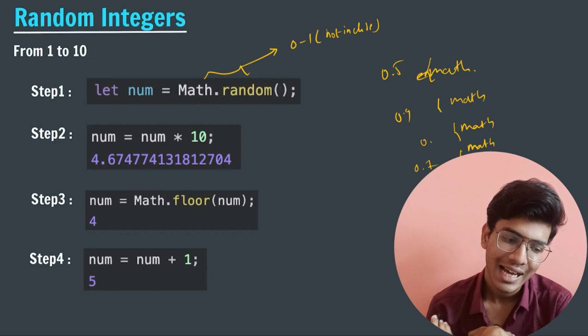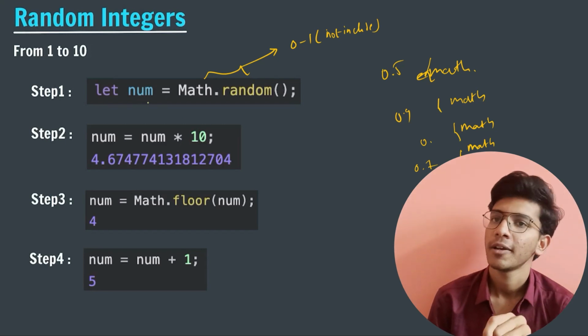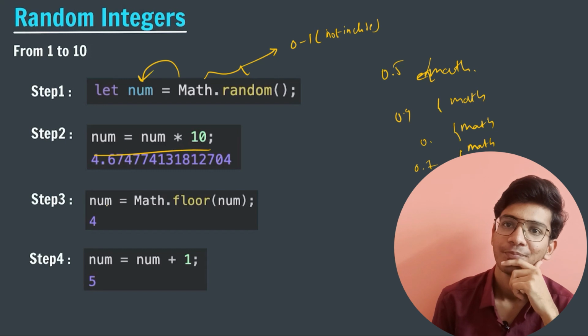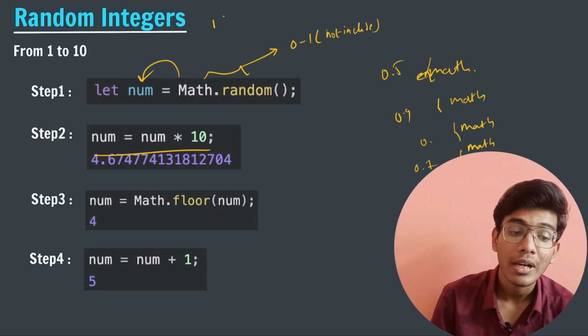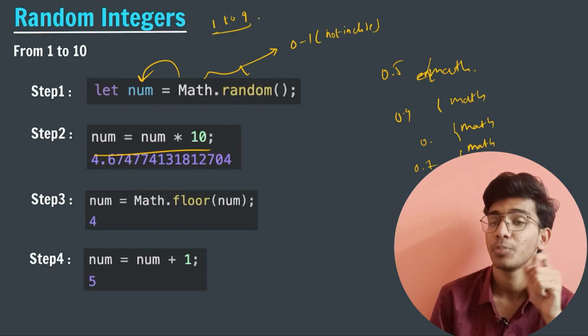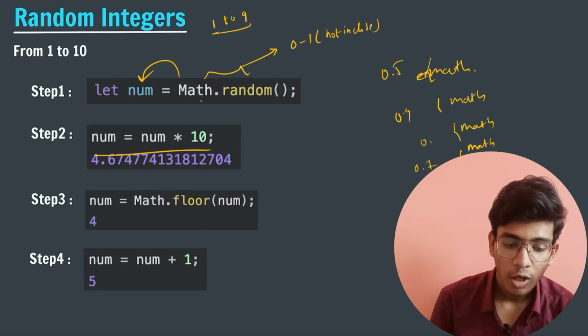Now our task here is to generate a number between 1 and 10. How can we do it? Whatever value this is generating, we will multiply it by 10, and we will have a value from 0 to 9, because 1 is always excluded, right?